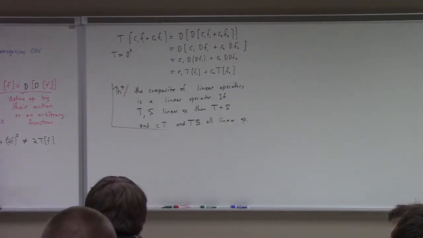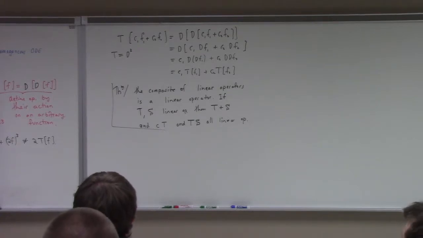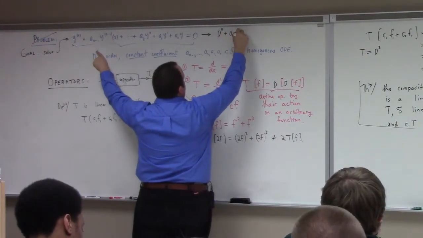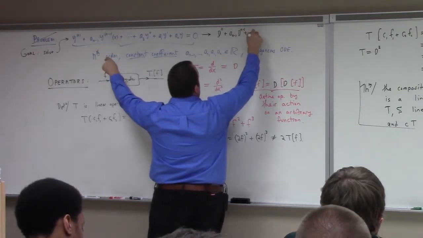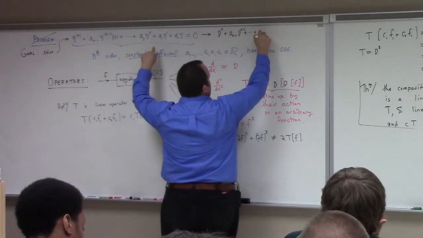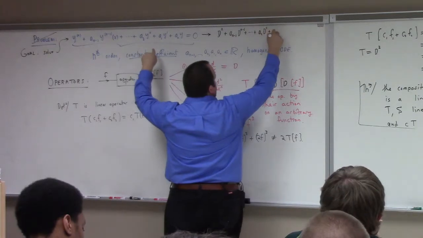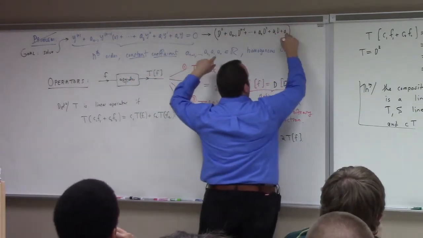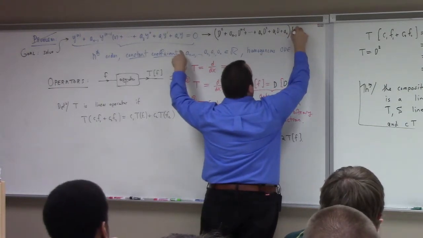The thing we're trying to solve is D to the n plus a_{n-1} D to the n minus 1 plus ... plus a2 D squared plus a1 D plus a0, all that whole big operator acting on y gives me 0.